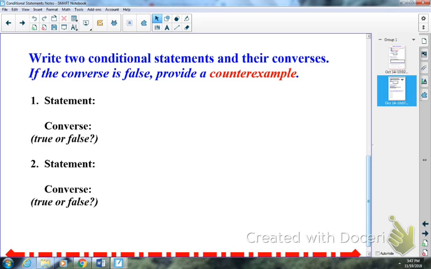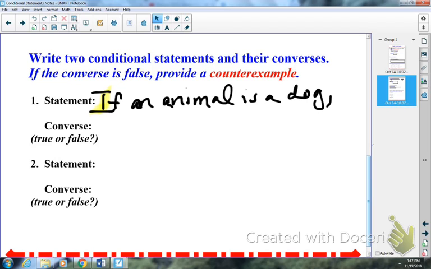If an animal is a dog, then it has 4 legs. Okay, assuming your dog's not a three-legged dog, that's a true statement for you.